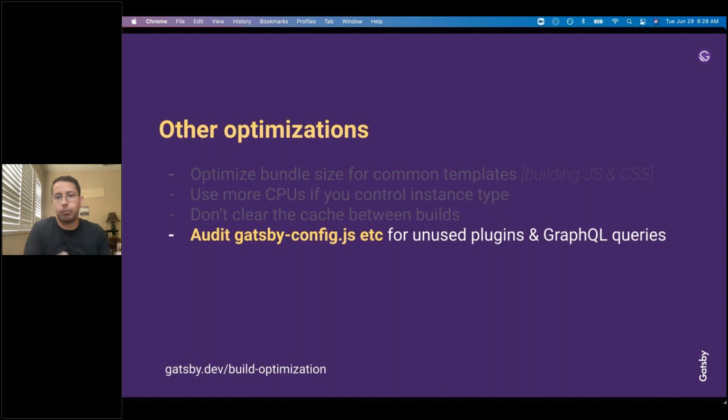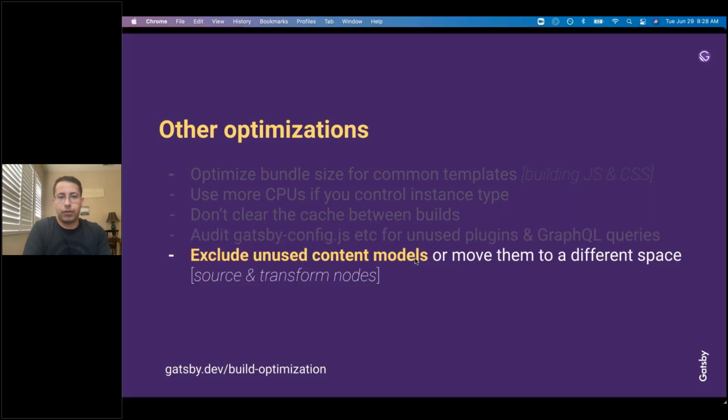You just brought it in, but you realized you needed a different model, and you didn't remove the old model. So gently go through some of your queries, and go through your Gatsby node file and your Gatsby config file, and make sure you're using all of the code that you have there.